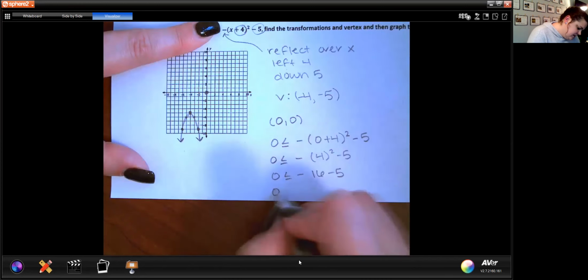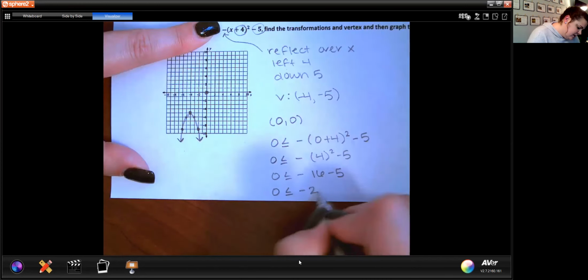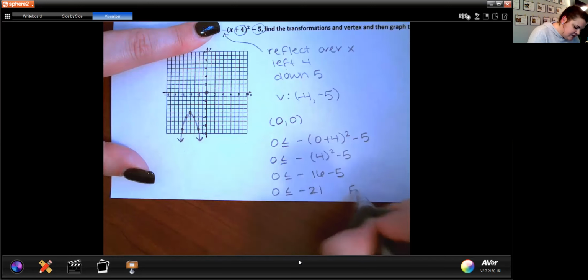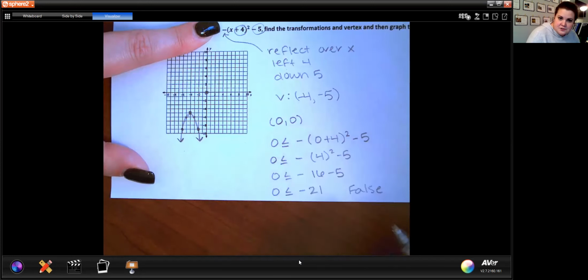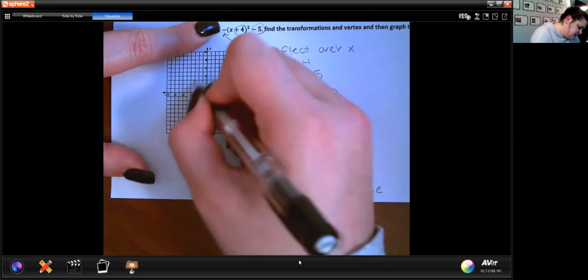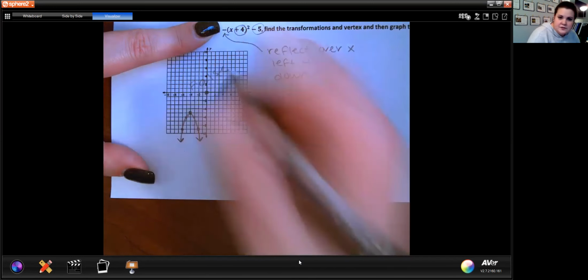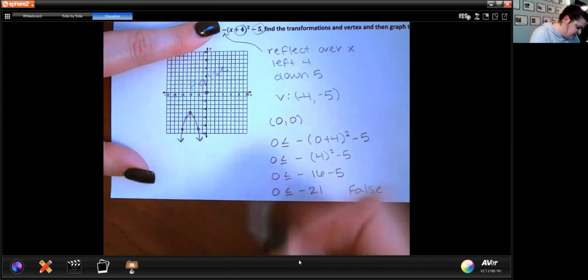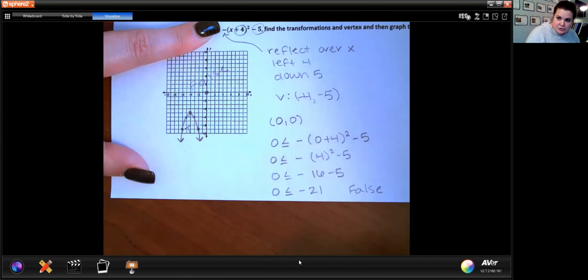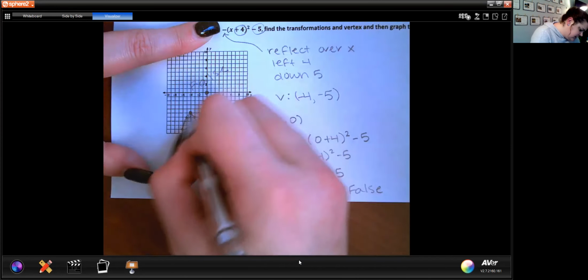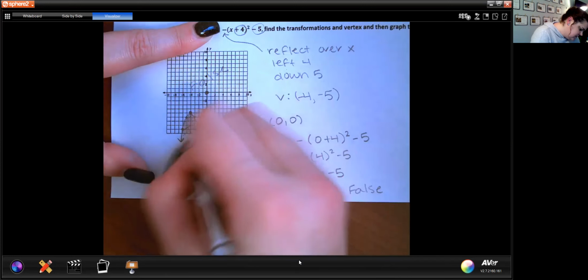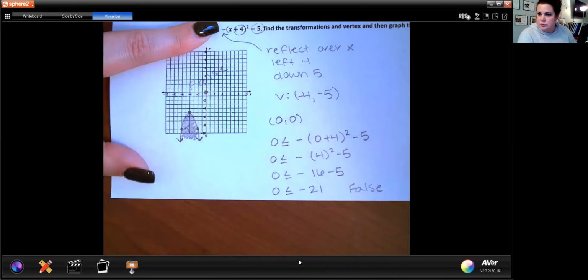So we have 0 is less than or equal to -21. 0 is not less than a negative number, that is false. So here's 0, that means that this area here is false. Outside of the parabola is false, that means that inside the parabola is true. And that's where we do the shading, is inside of that quadratic, that U shape.